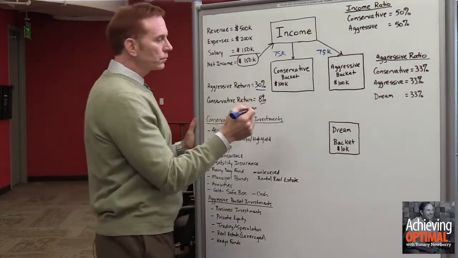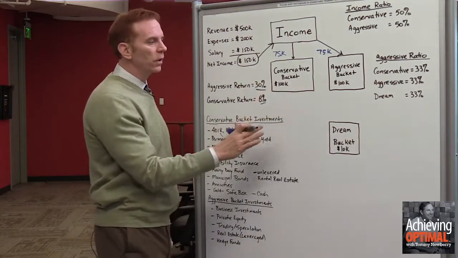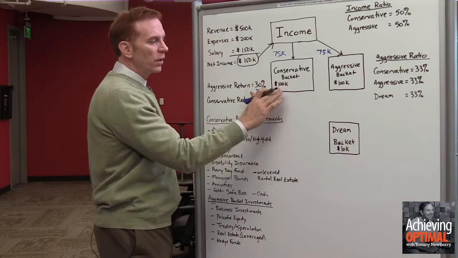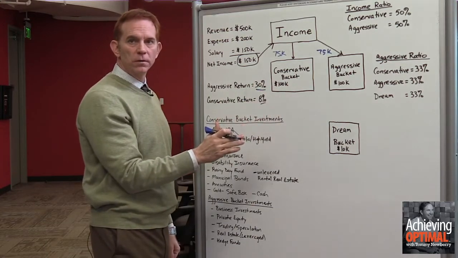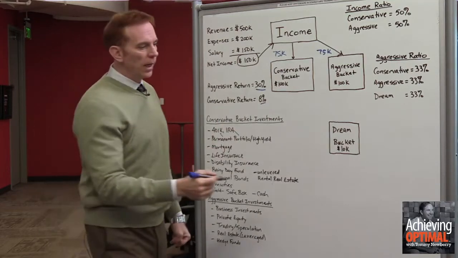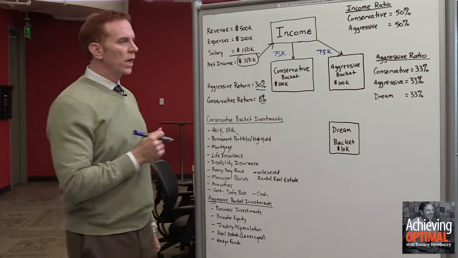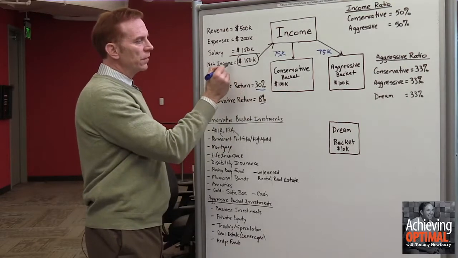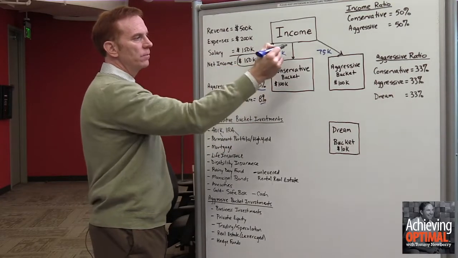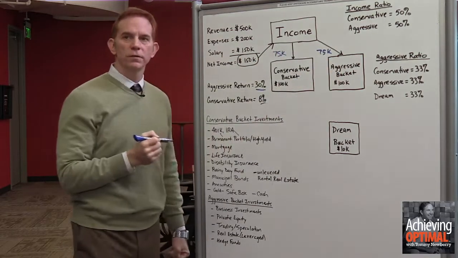Okay, and just to have these buckets funded to begin with, at the beginning of the year, we have $100,000 in our conservative bucket, and we have $100,000 in our aggressive bucket, and we have $10,000 in our dream bucket. Okay, so at the end of the year, we have $150,000 in income, $75,000 goes conservative, $75,000 goes aggressive.